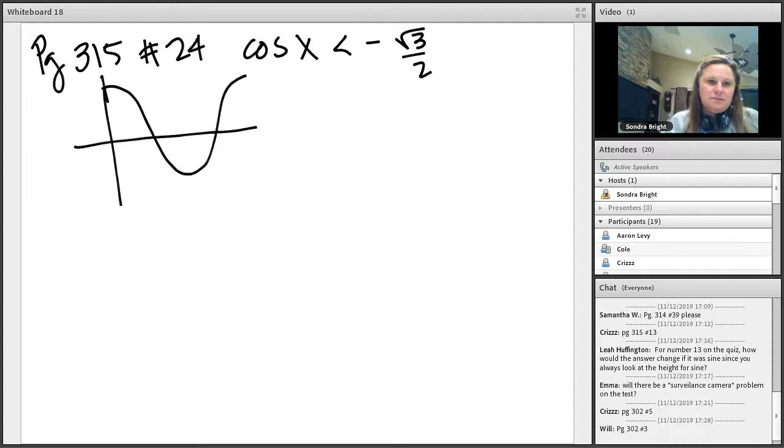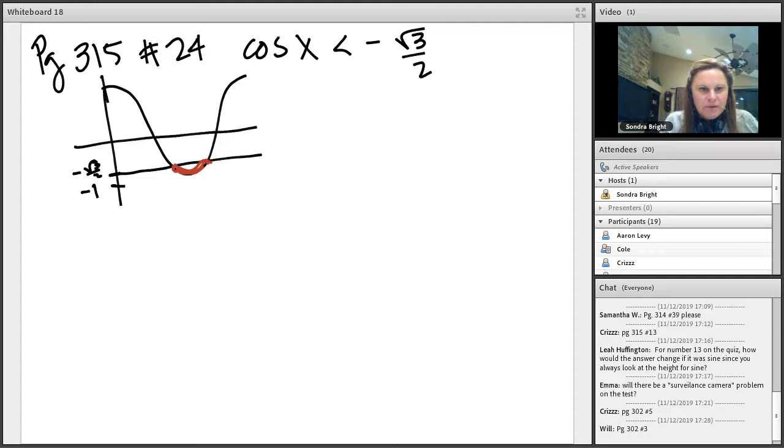And here's -1 and negative root 3 over 2. Let's say it's about there. Well, it's actually lower than that. Negative root 3 over 2 is about 0.86. So it's like here. And when is cosine less than it, I want this section right here.